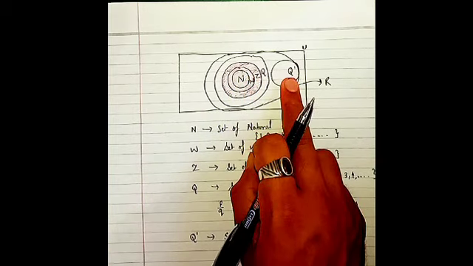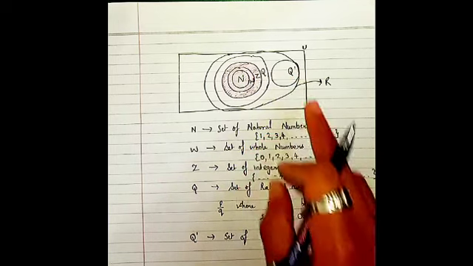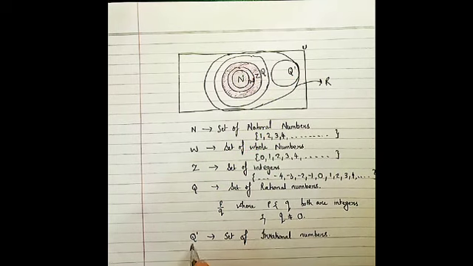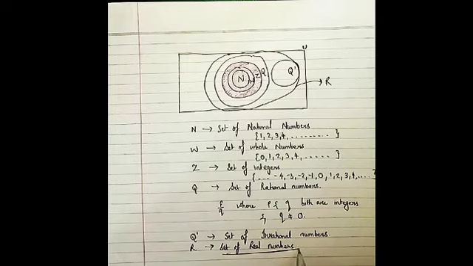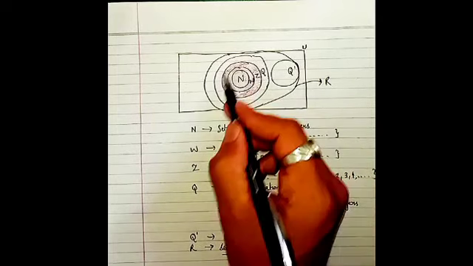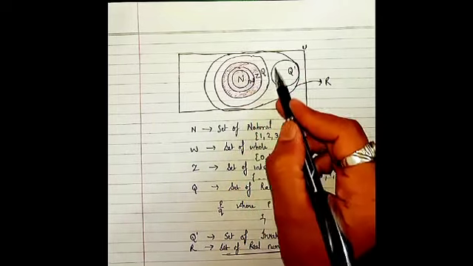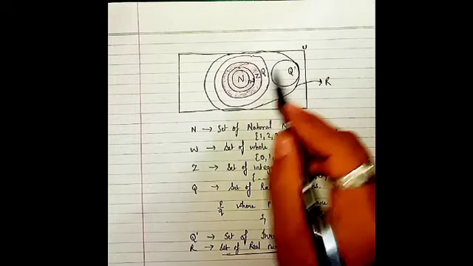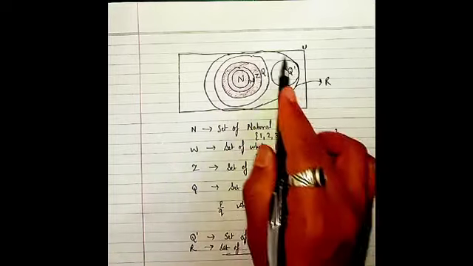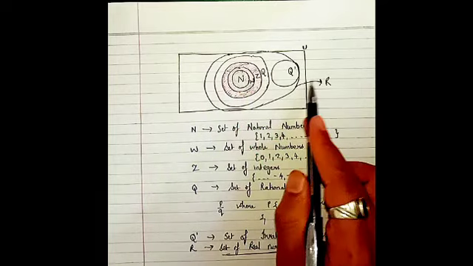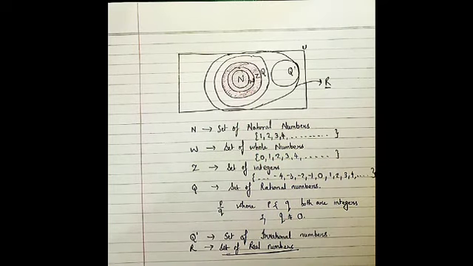They are a completely different set of numbers. And real numbers, that is R, the set of real numbers, include all the numbers which are rational, Q, as well as irrational, Q dash. So all these fall under the category of real numbers R.